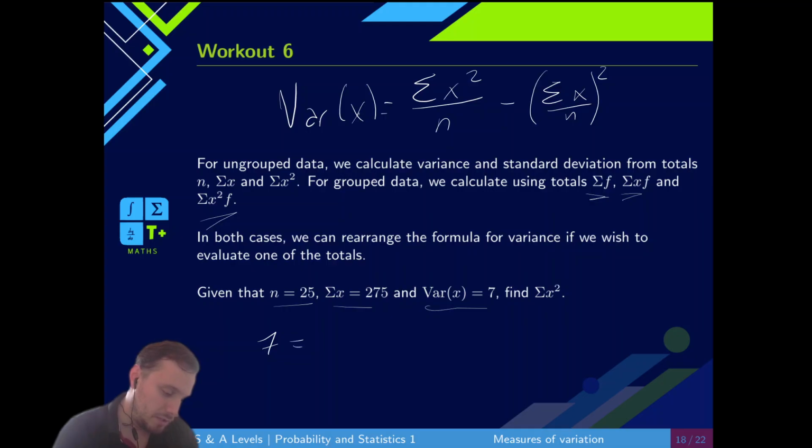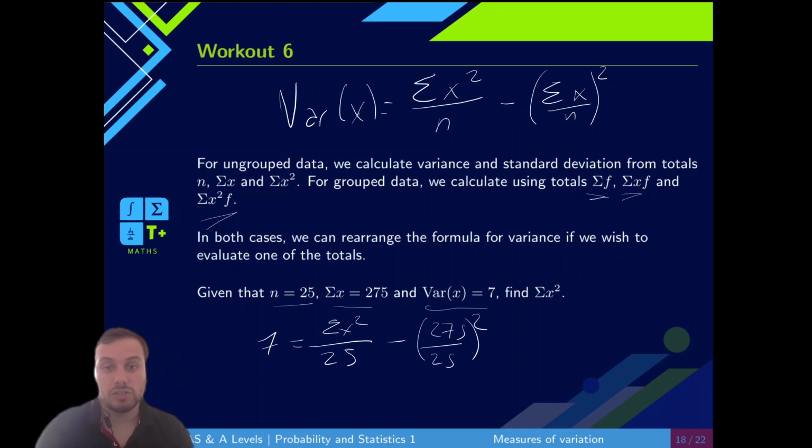So 7 is equal to the sum of x squared, that is what I want to find, over n, that is 25, minus 275 over 25 squared. And from here, I can just solve for the sum of x squared, right? I take the square here, I add it up, I multiply times 25, and I would be getting the value for the sum of the squares.